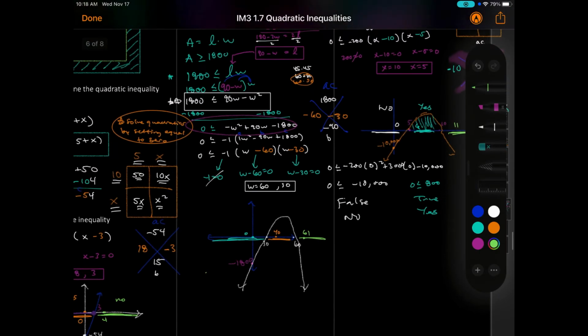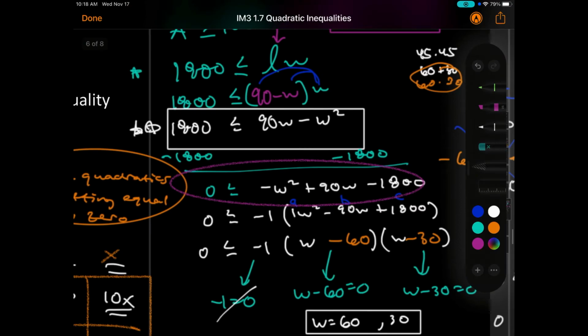And again, you could choose any of these. It's not wrong. You could choose any. I'm going to choose the white box one. No, I didn't want that one. I wanted this one.